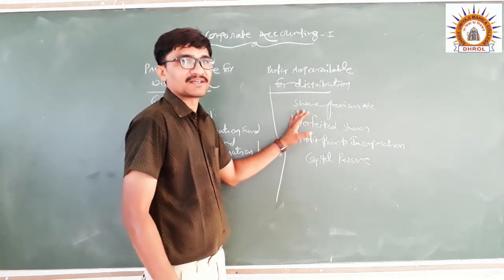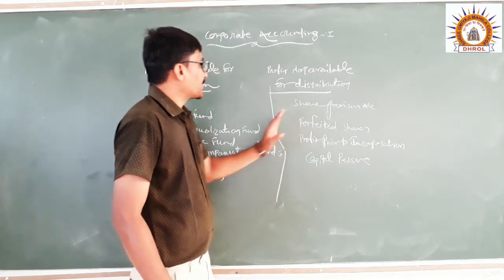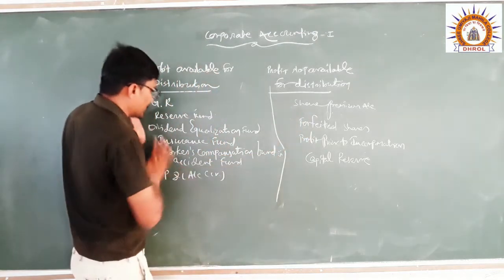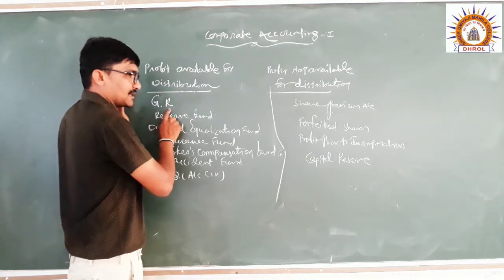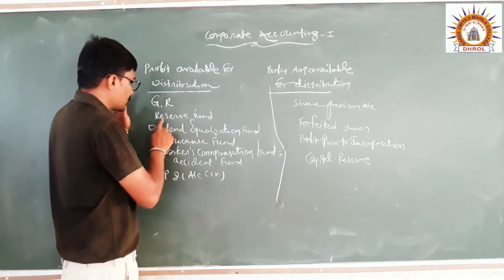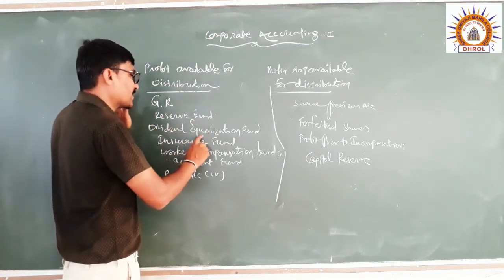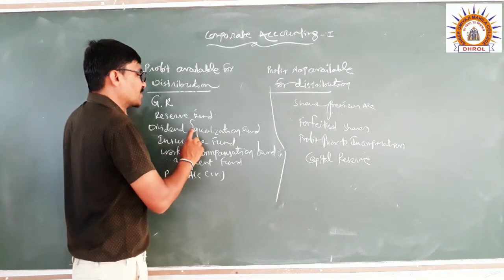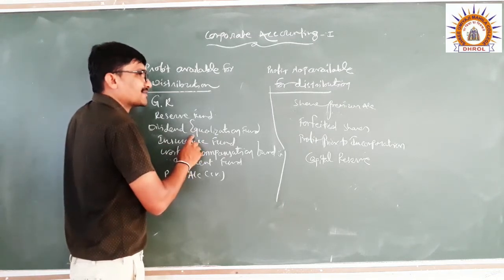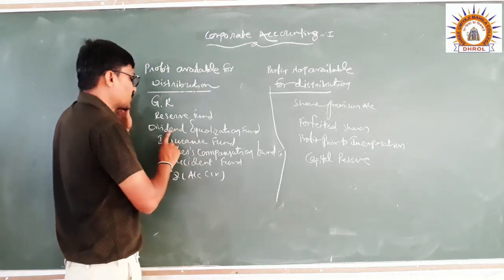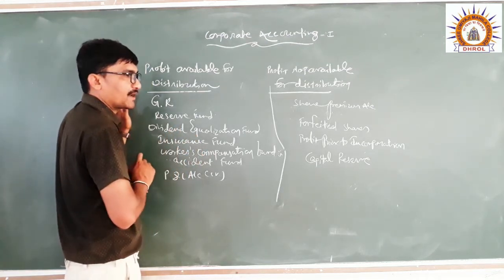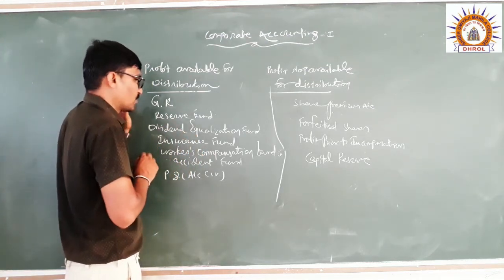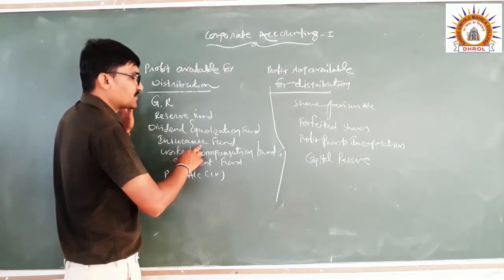Keep in mind one thing, again I repeat, these items: GR, that means general reserve, funds, dividend equalization fund, that means this fund is utilized by the company for the purpose of dividend distribution to the shareholders. Then insurance fund.